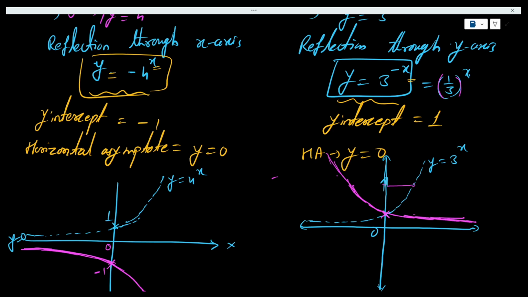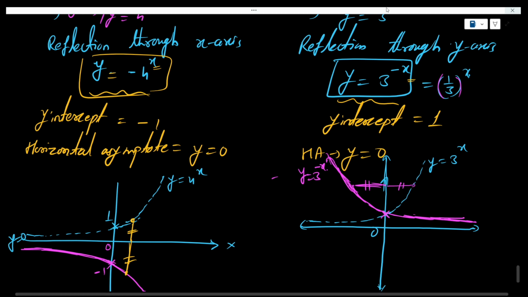This is your graph of y equals 3 to the power minus x. Whatever distance there is from the y-axis, the same distance holds on the other side. Likewise, for reflection through the x-axis, whatever the distance of a point, the same distance should be for the corresponding point.